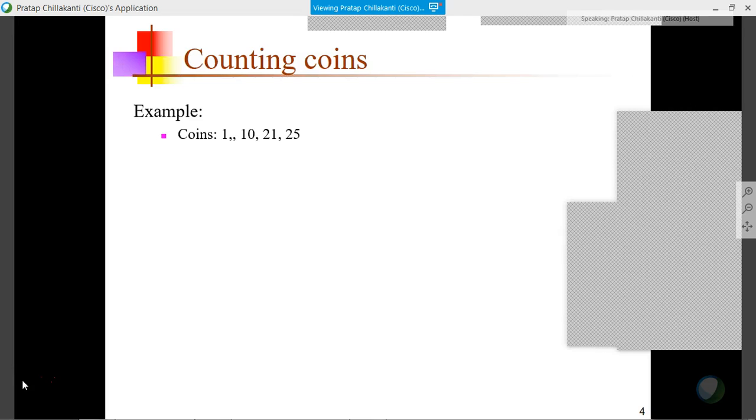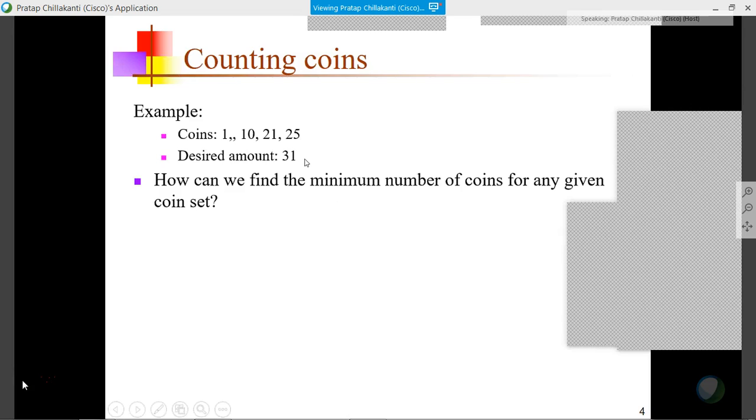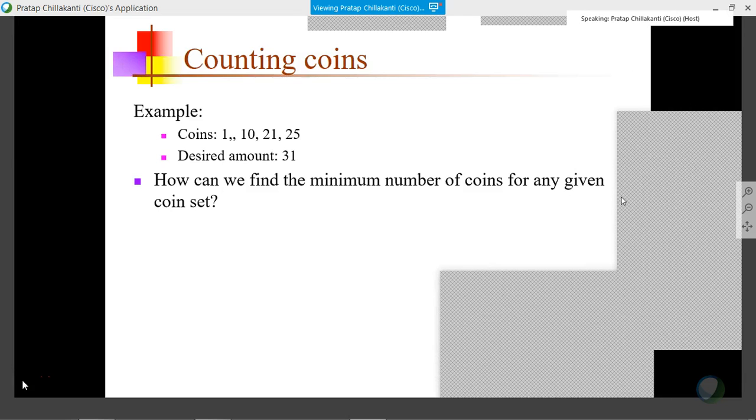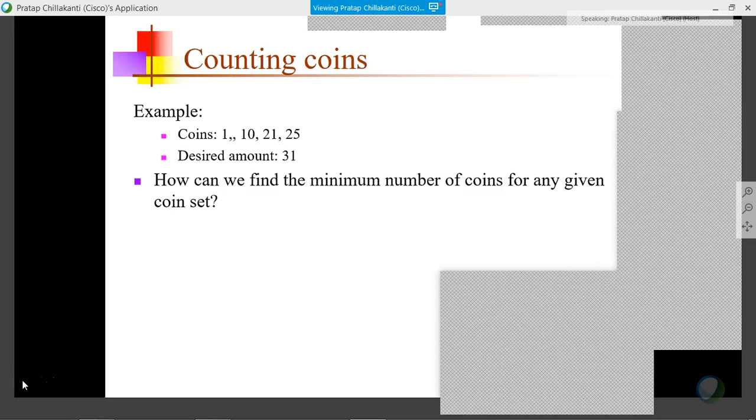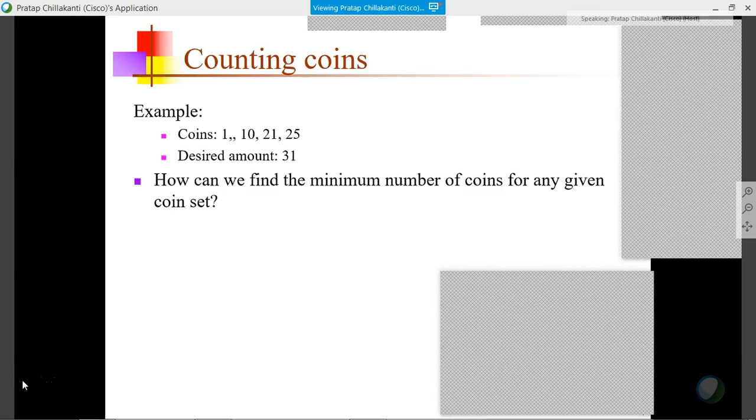Whether you call it cents or paisa, whatever. The goal is to make 31 cents, or 31 paisa, out of those coins. What is the minimum number of coins we need to use for a given coin set? That is the problem we are trying to solve.